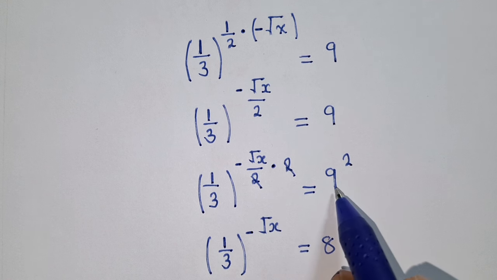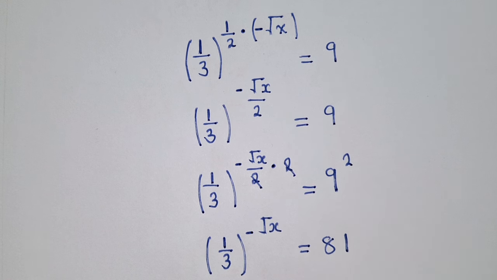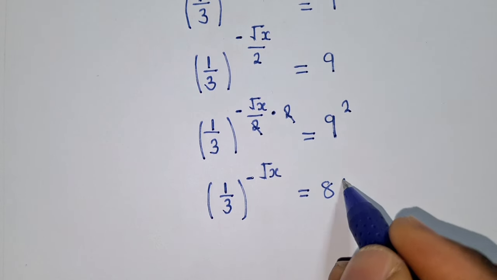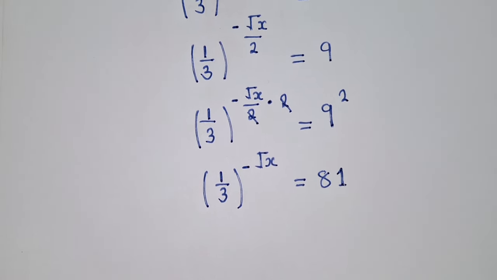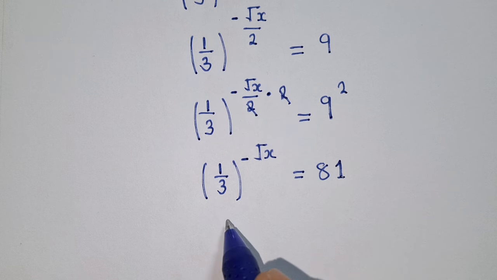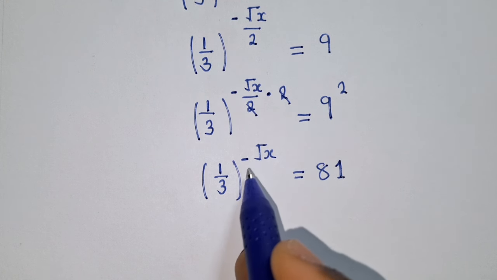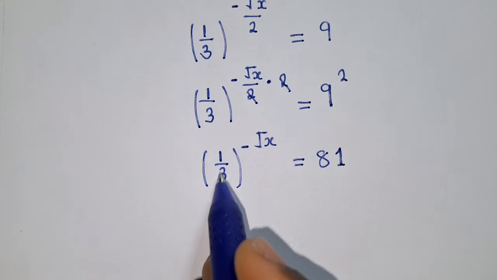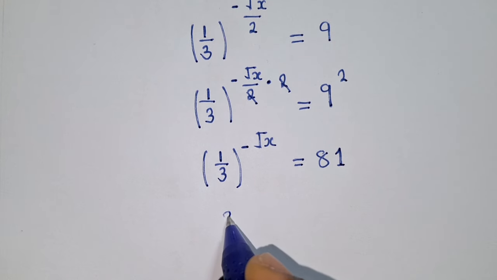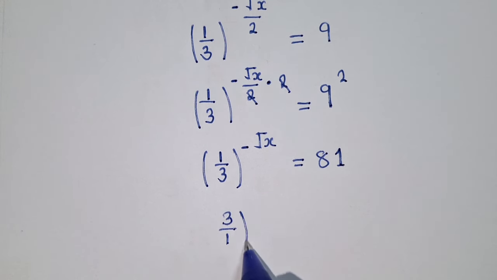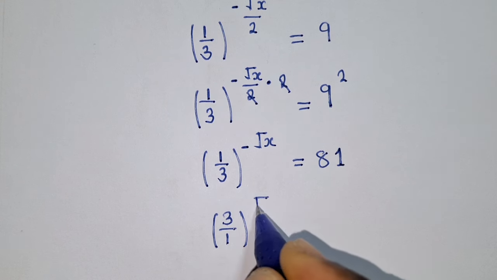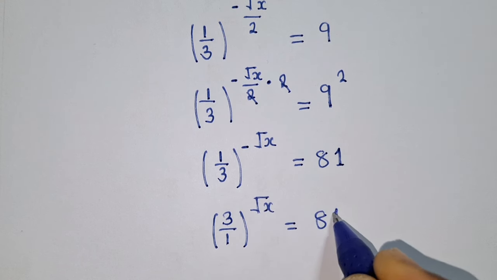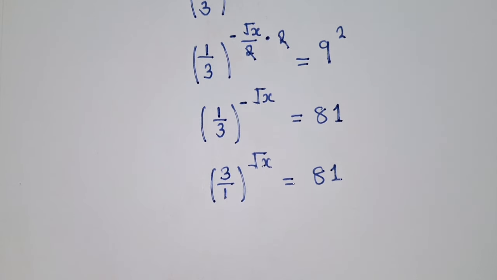That is, 9 squared, or 9 power 2, is equal to 81. So now from here, we can use the laws of indices. When you've got a negative power, this reciprocates, so it will be 3 over 1, and then the power changes to a positive power, which is equal to 81.